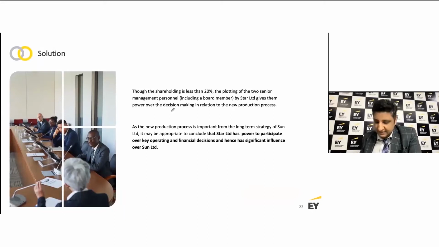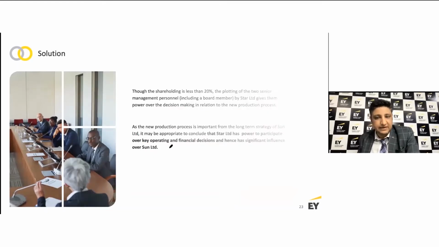Okay, because the decision making rights with respect to the production processes would likely go with Star Limited, right? Since the production process is important from a long-term strategy, it may be concluded that Star Limited has the power to participate over the key operating and financial decisions, and accordingly, there is a significant influence available.